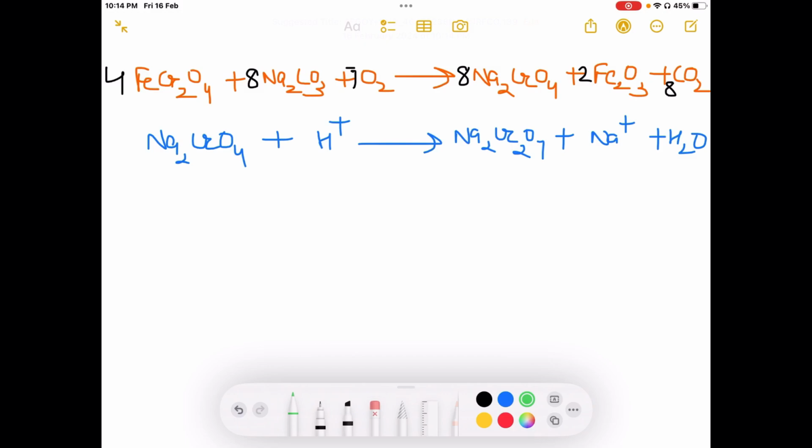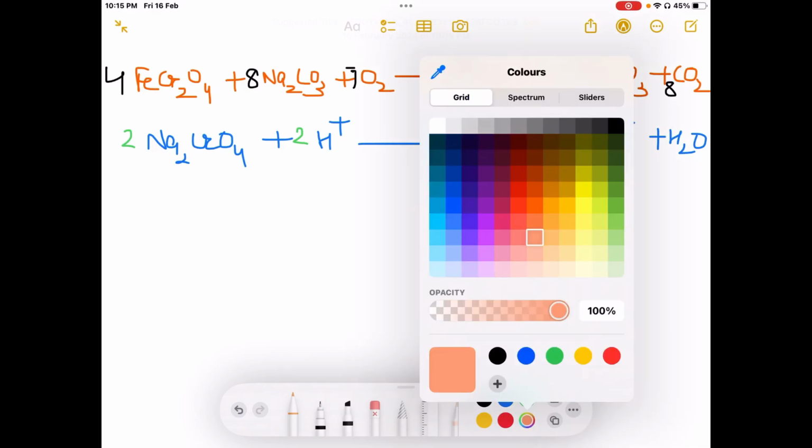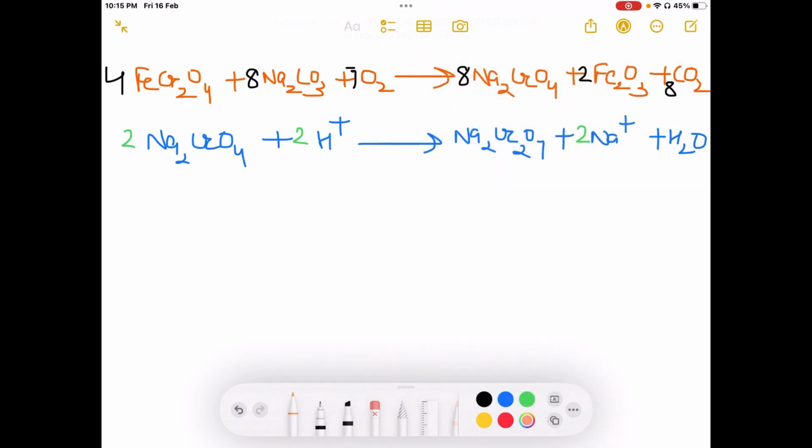If you check the reaction stoichiometry here, 2 moles of sodium chromate with 2 moles of hydrogen ion produces 2 moles of sodium ion and the compound sodium dichromate. Sodium salts are highly soluble in water, so sodium dichromate is more soluble than K2Cr2O7, and therefore does not crystallize out. Crystals of sodium dichromate are not formed.